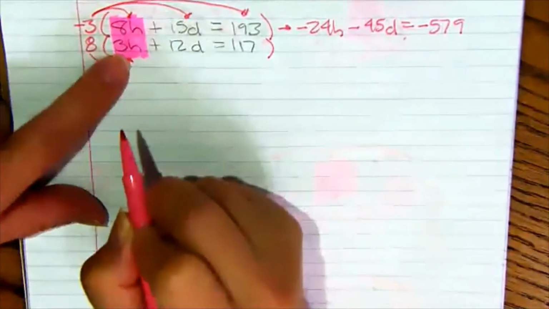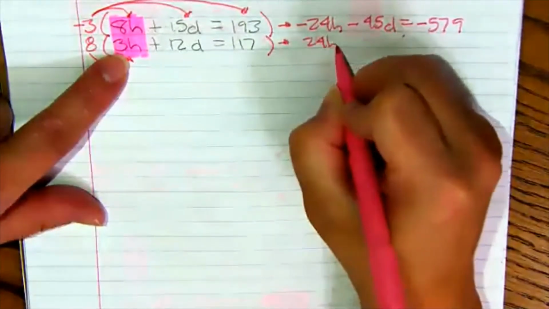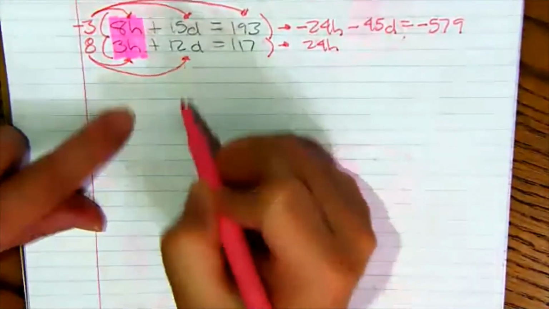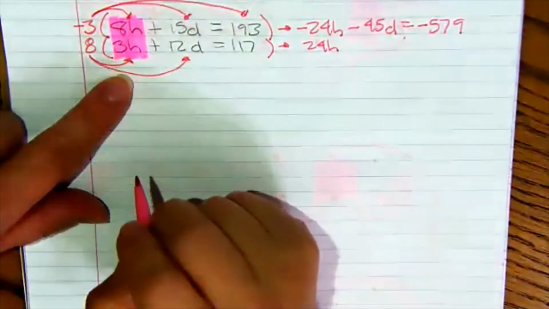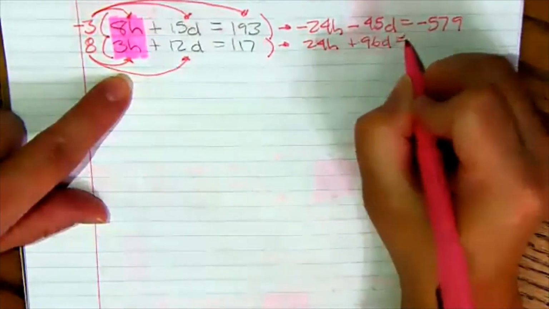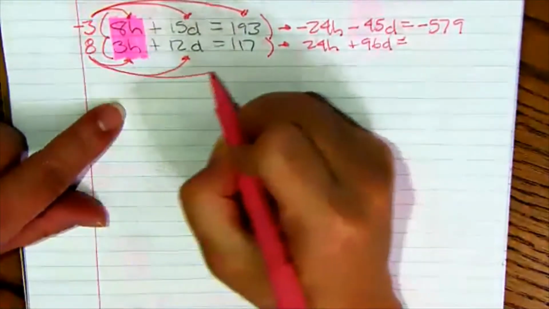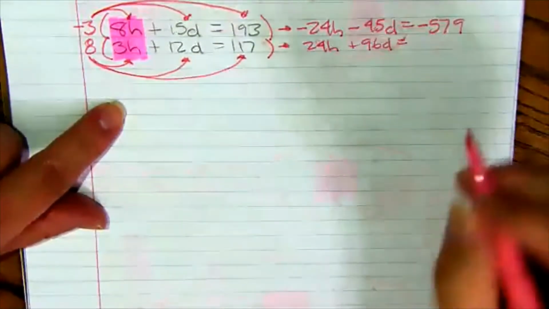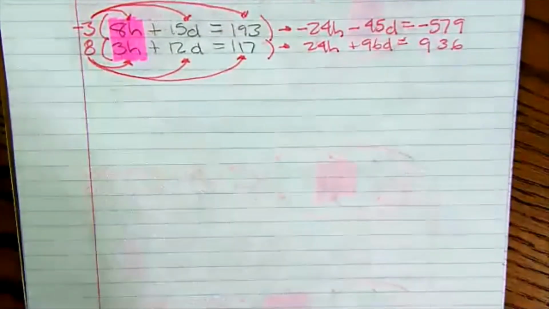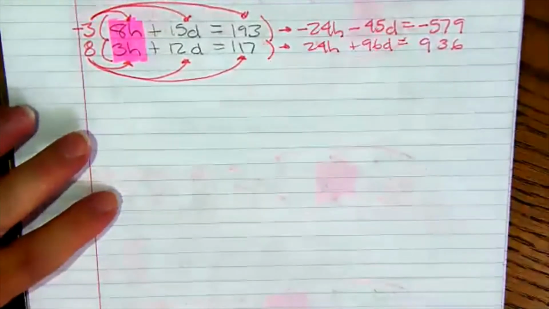Okay. 8 times 3h, 8 times 3 hostas is 24 hostas. 8 times 12 daylilies is positive 96 daylilies. And 8 times $117 is $936.